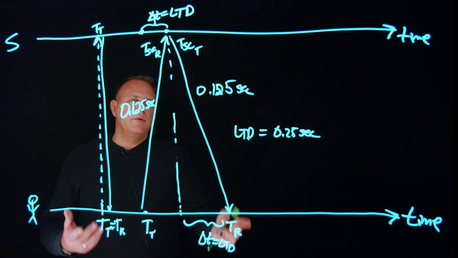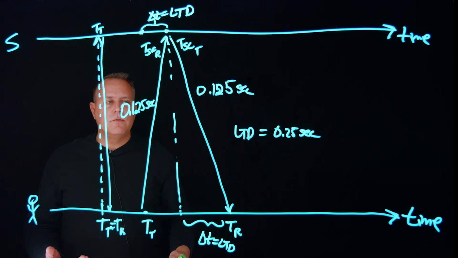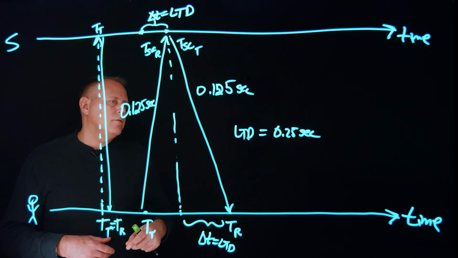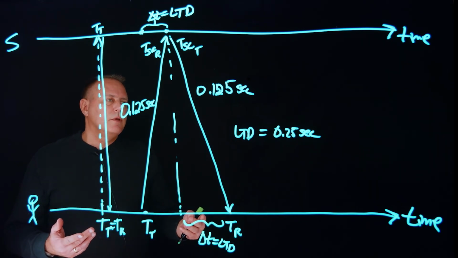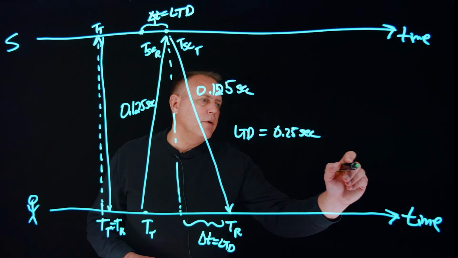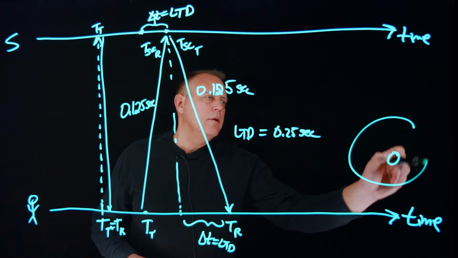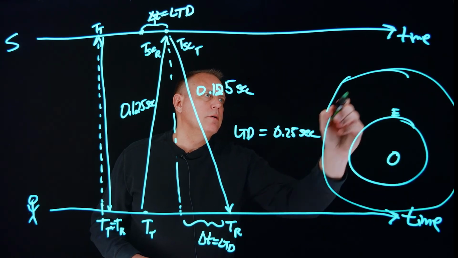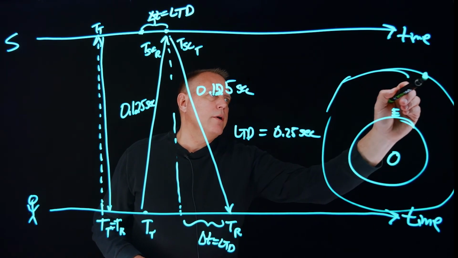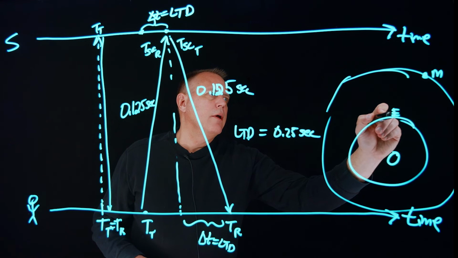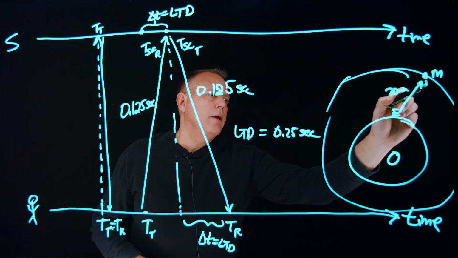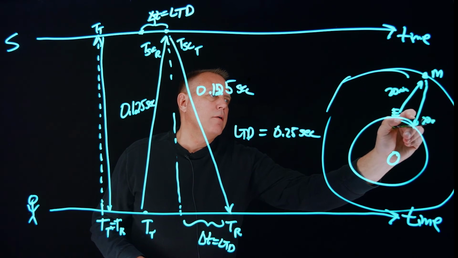This really starts to come into play when we talk about deep space missions, where I'm trying to send a signal from the Earth to Mars, and it can take 20 minutes to get to Mars. Let's say here's the Sun, here's the Earth, and here's Mars, way out here. It takes 20 minutes to get there, and 20 minutes to come back.